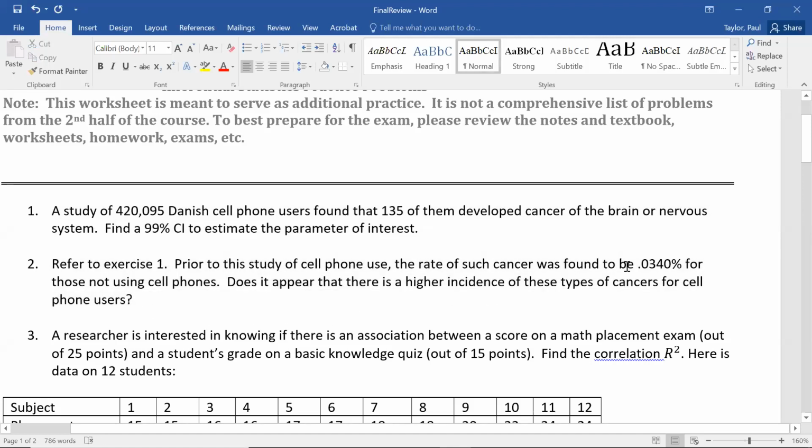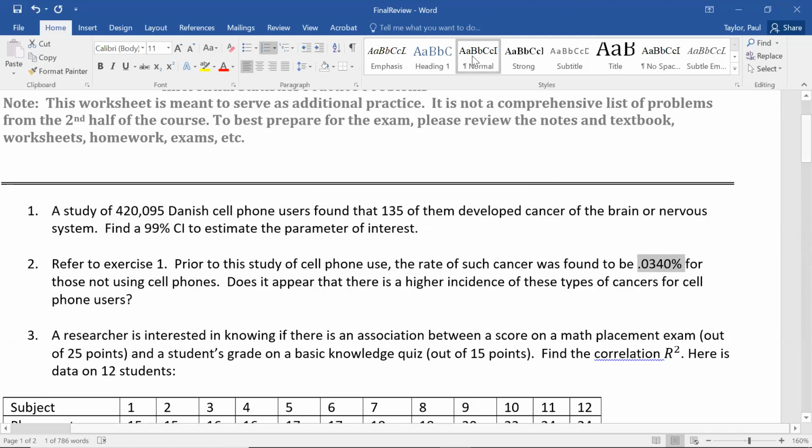It says the rate of such cancer is 0.0340 for those not using cell phones. Does it appear there's a higher incidence in cell phone users? So that's a hypothesis test. We want to compare the cell phone number with this data in question number 1 to this number for just sort of regular people, not paying attention to cell phone users only, of 0.034.